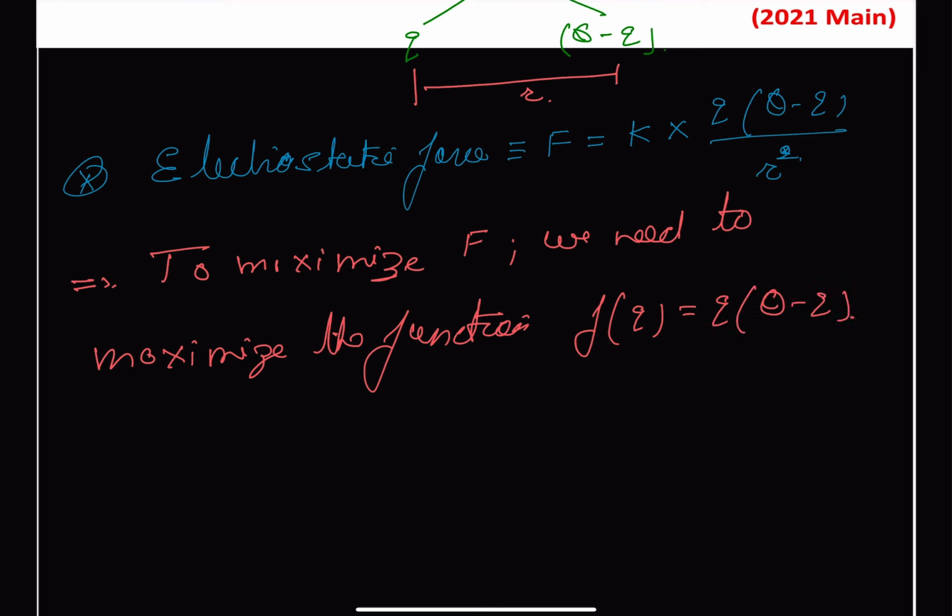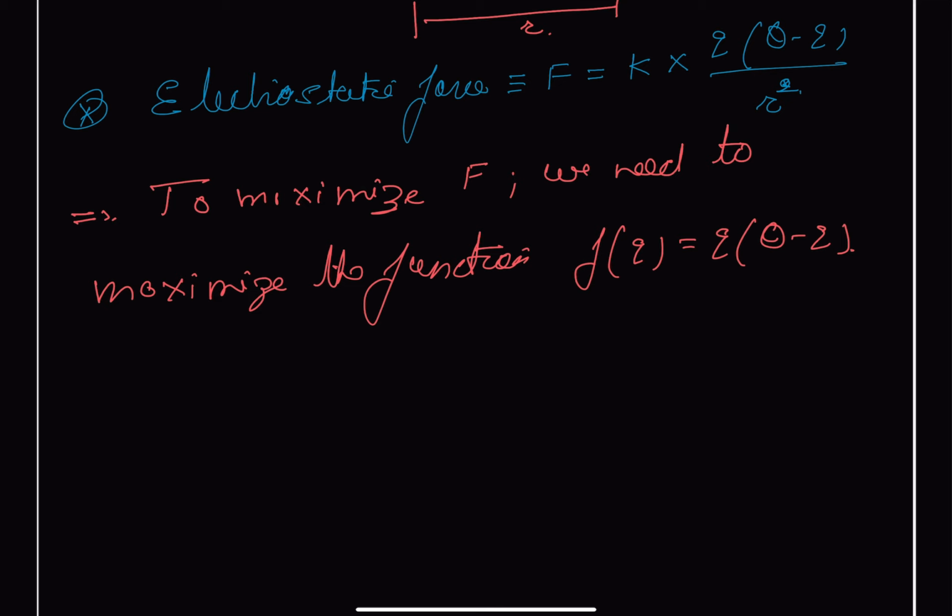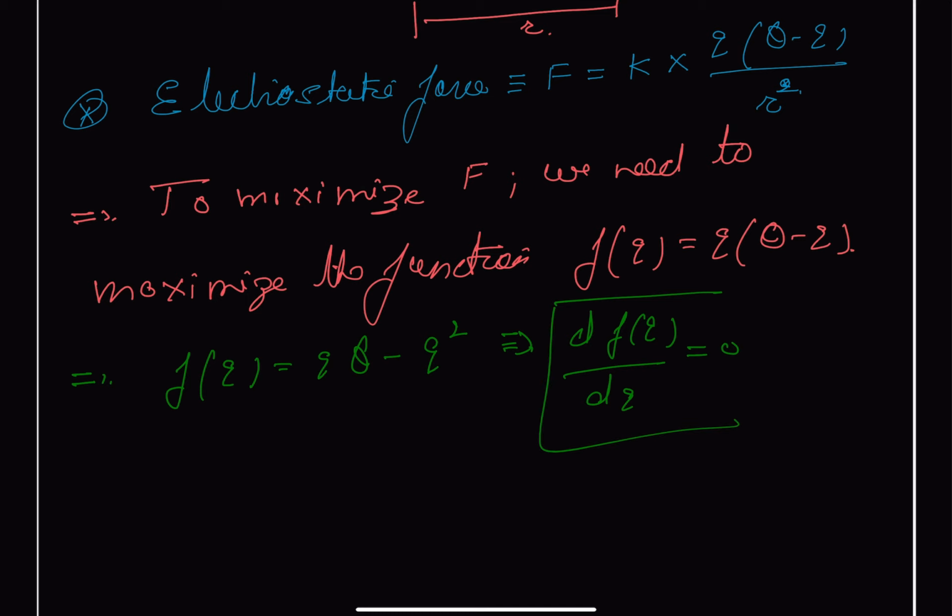In order to maximize this, it is our standard quadratic. So let me write it. We can write f of q equal to small q multiplied by capital Q minus q square. And in order to maximize it, we find its derivative and equate the derivative to 0.